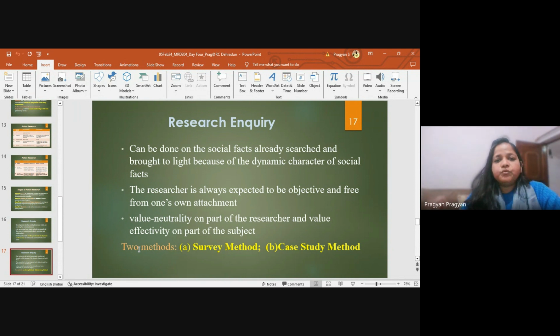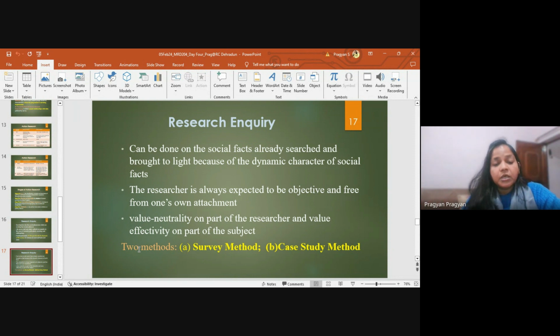So you have to study that particular area by incorporating their values, their norms, their practices, their cultural traditions. Only then you can understand that community as a whole.